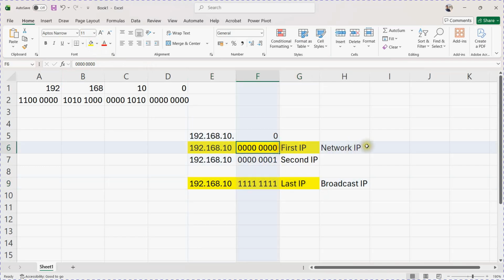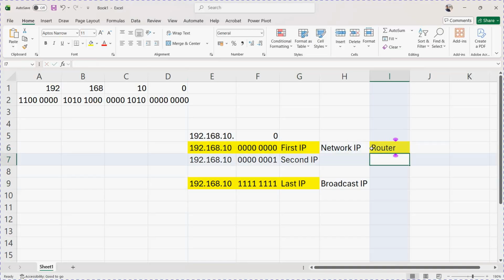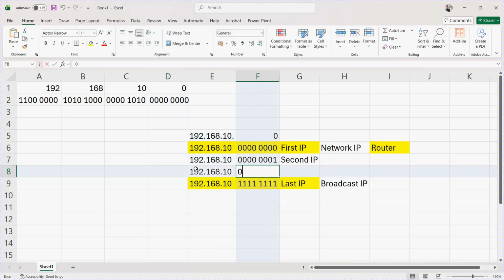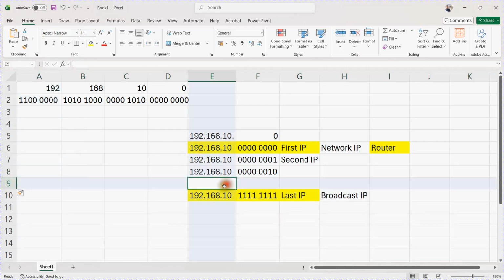This is for your router, and this is for your broadcast. Just like that, the list goes up to the final one, one by one.